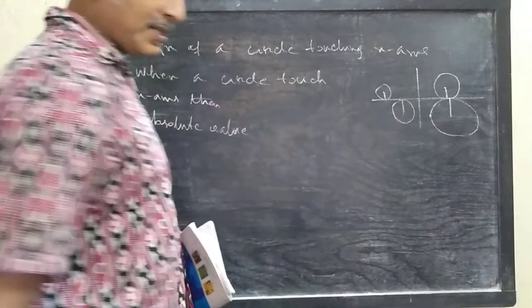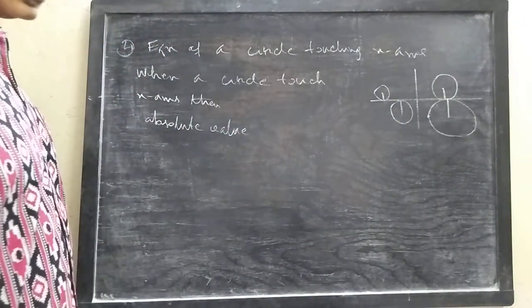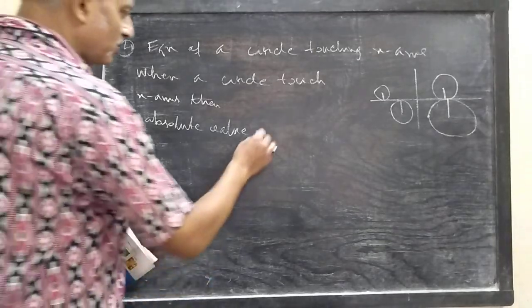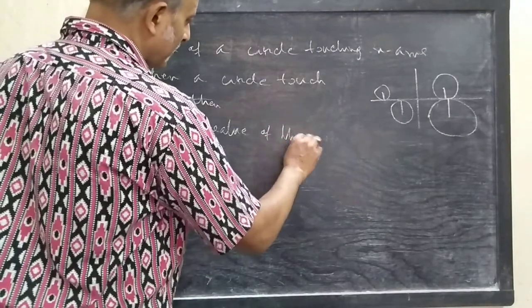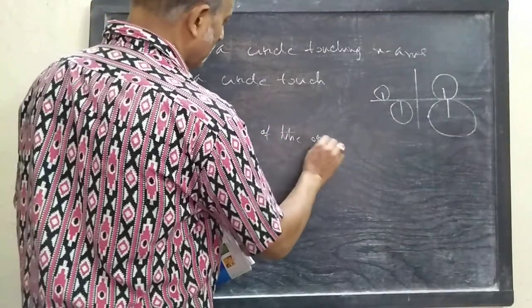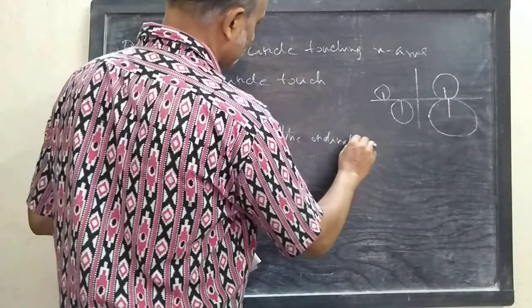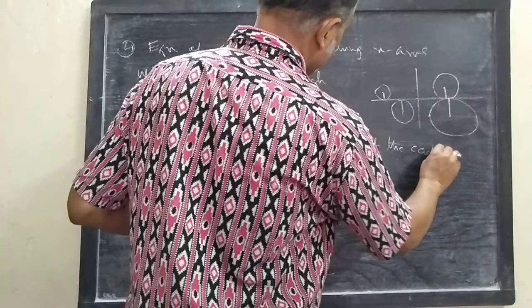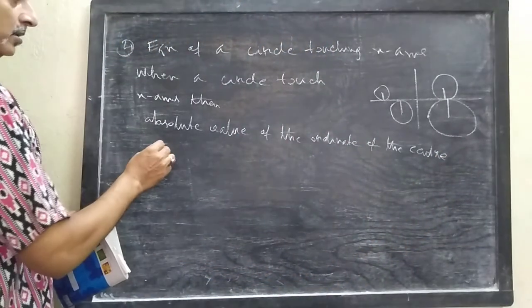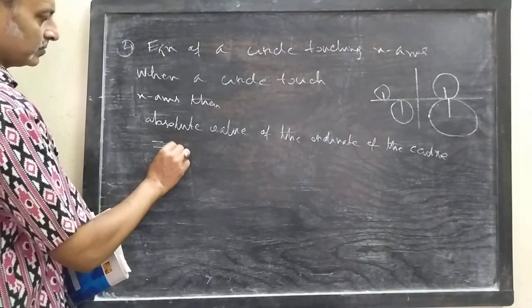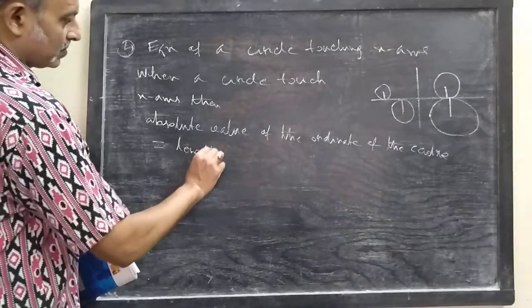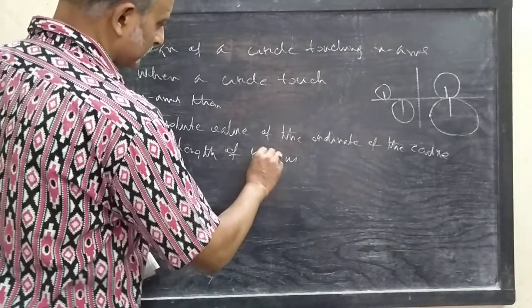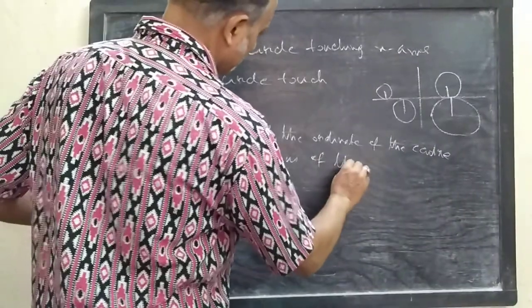Because sometimes ordinate is negative when the circle lies below the x-axis, but radius cannot be negative. That's why absolute value.